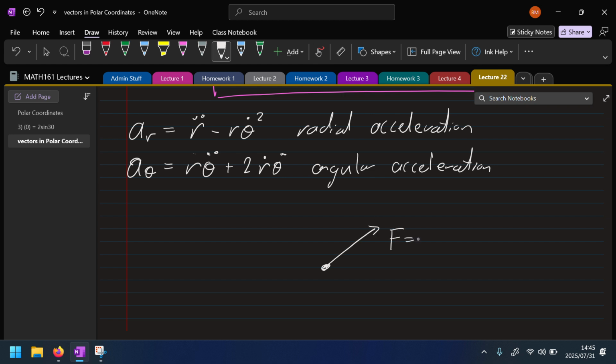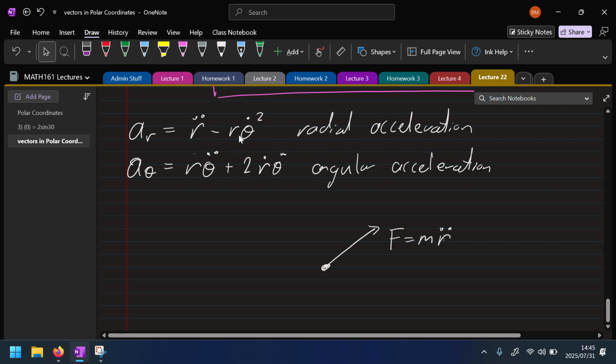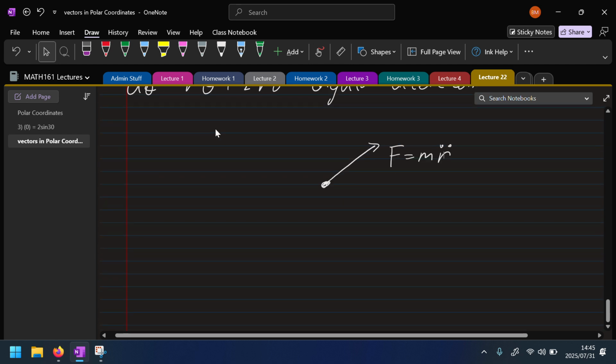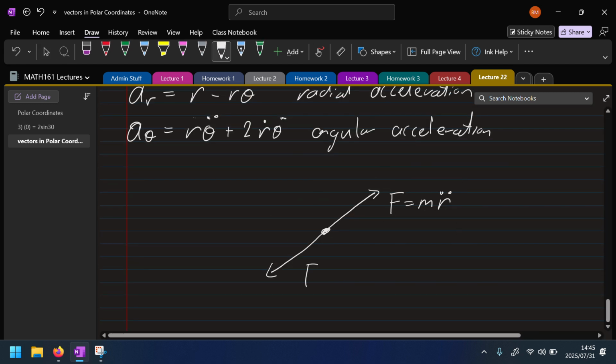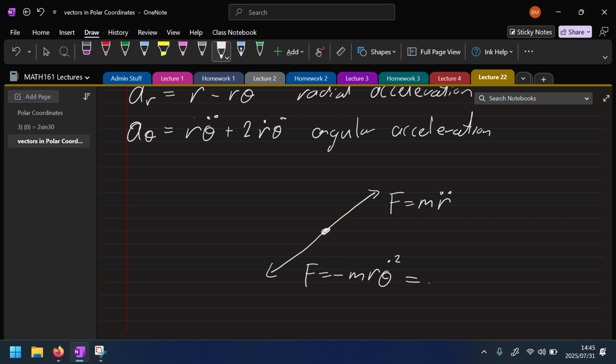So this is F equals m r double dot. And then the second part here, that comes with the minus sign. So it's going to be pointing the other way. So this will be F equals minus m r theta dot squared, or you might have seen this as minus m r omega squared.